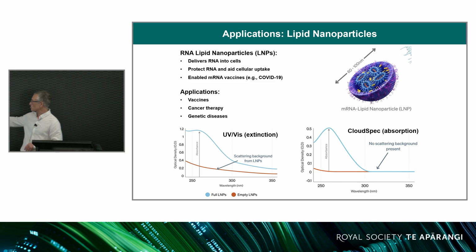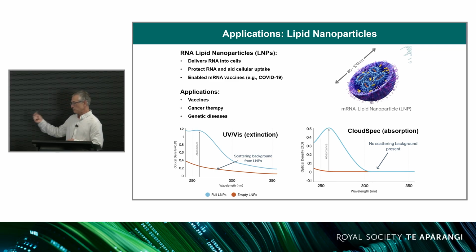And our instrument was precisely designed to remove that background. So now we actually have a company. We have about 20 people in Wellington building this and selling it mostly to the US and Europe, but to the biggest pharma companies trying to use it for this sort of application.